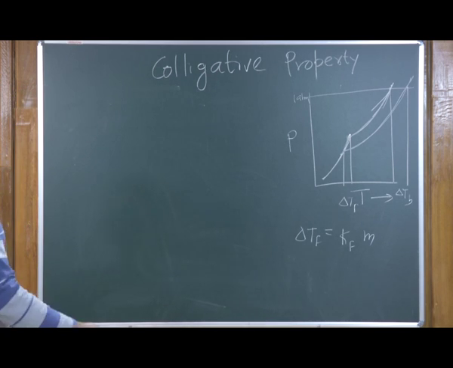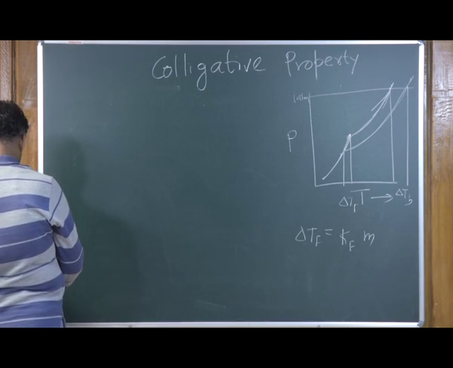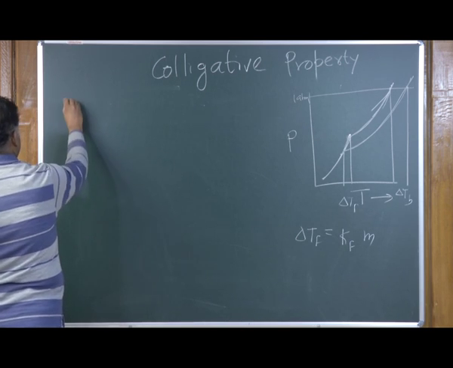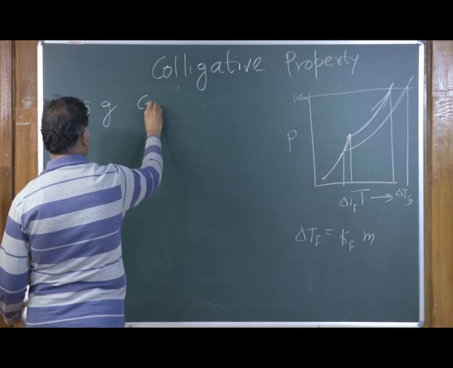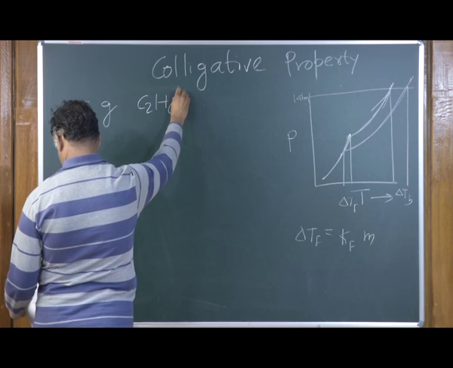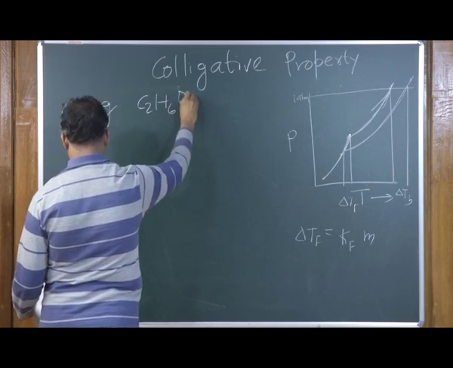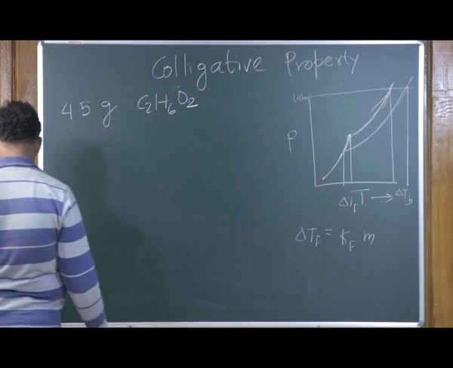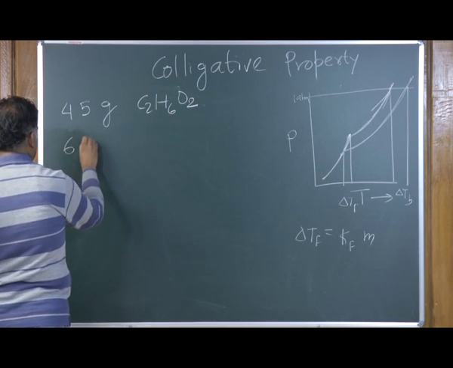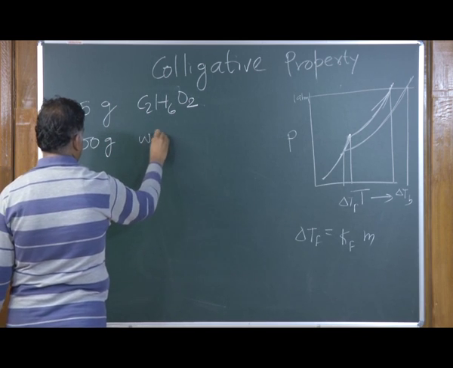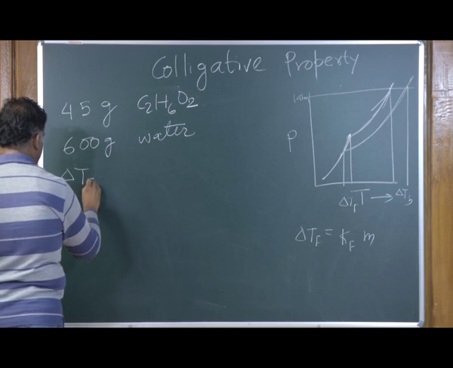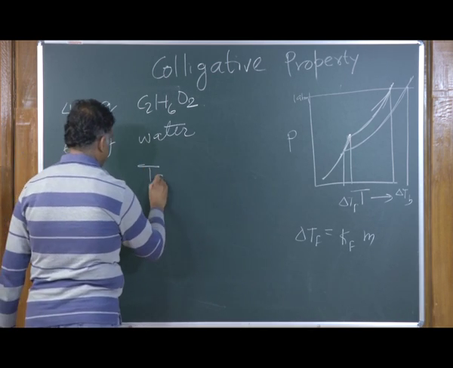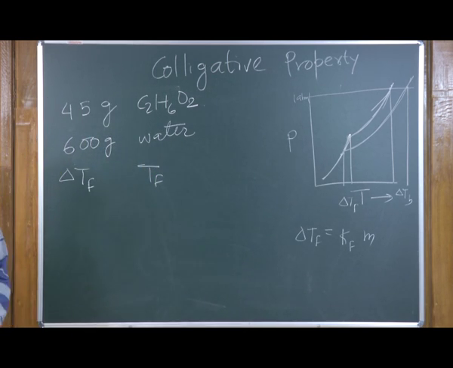So, we are dissolving 45 gram of ethylene glycol, that is C2H6O2, in 600 gram of water. He is asking delta Tf and Tf, the change in the freezing point and what is going to be the freezing point of this solution.